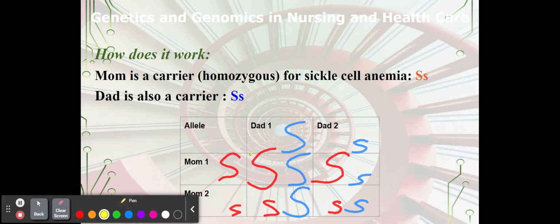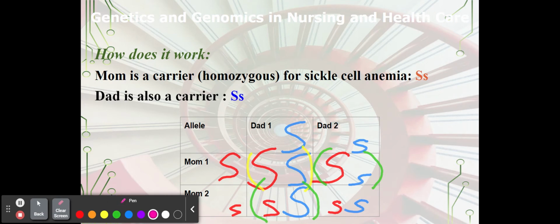Here we have normal. That's one box, so that's a 25% chance. Here we are heterozygous. Those are carriers. Two boxes are affected. We have a 50% chance of being a carrier.